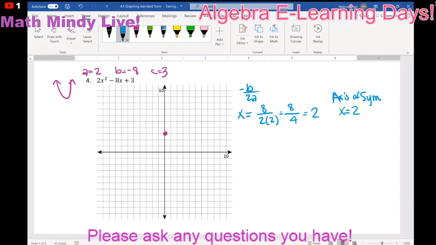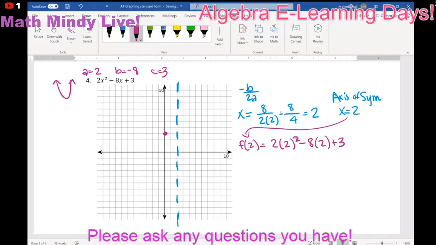And so on the graph, we can go ahead and plot that, like so. And then we know our vertex, we have to plug that in. So then we would have the function at 2 is 2 times 2 squared, minus 8 times 2 plus 3.